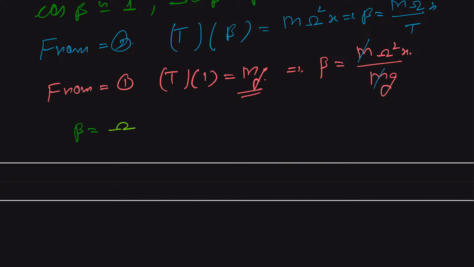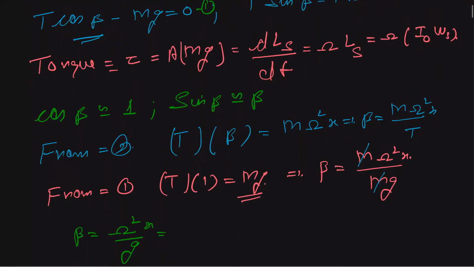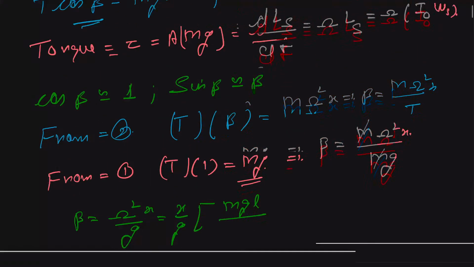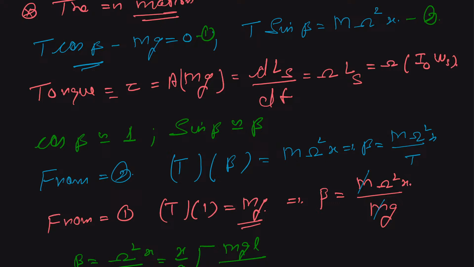is equal to omega square x upon g, and we can substitute the value of omega, and we get that this will be x by g, substituting the value of omega, which is mga upon, sorry, there is no L. Yeah, that's why.